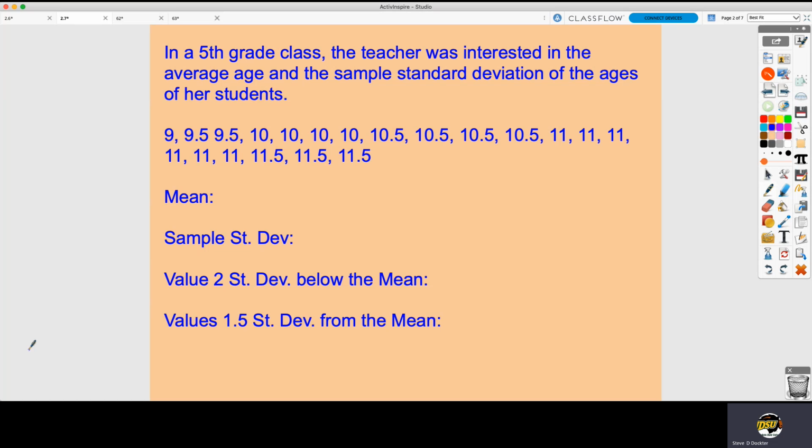But notice I am not going to put in both of the 9.5s or all of the 10s. I'm just going to put down the different numbers here. All right, so those are our different numbers there.